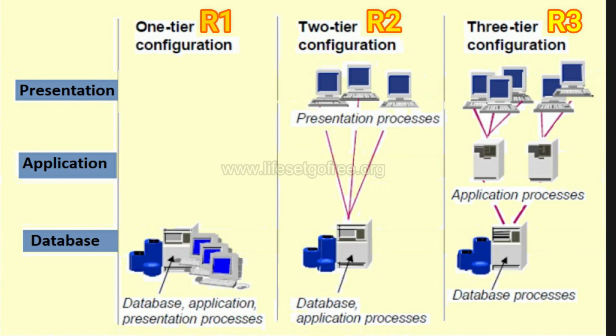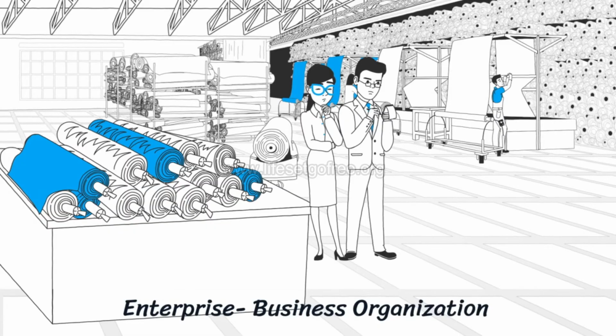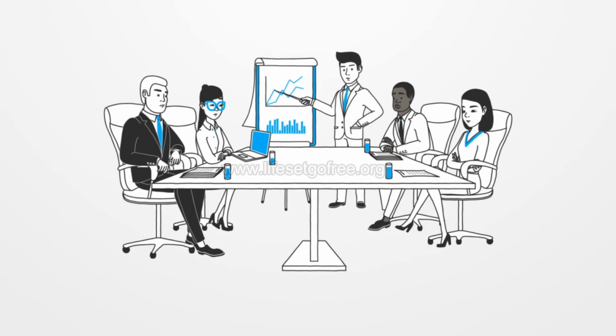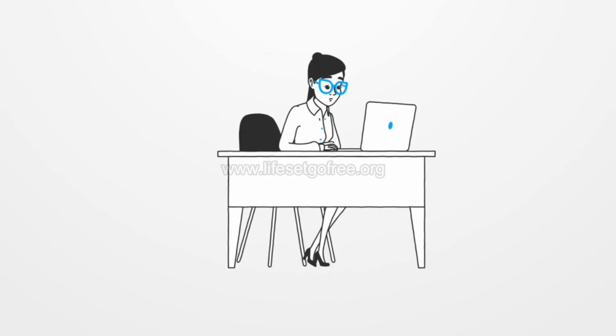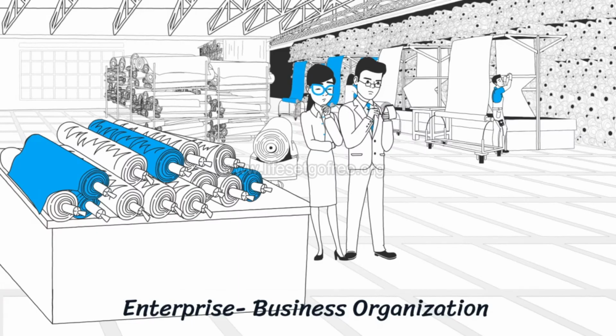Just imagine some company X. Let us assume that there is a finance department, a sales department and a PP department, that is the production department.